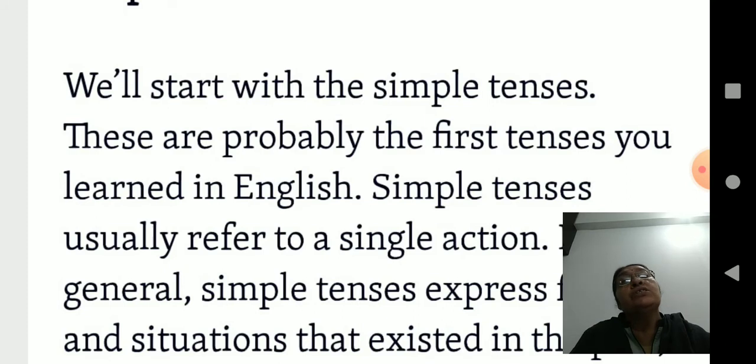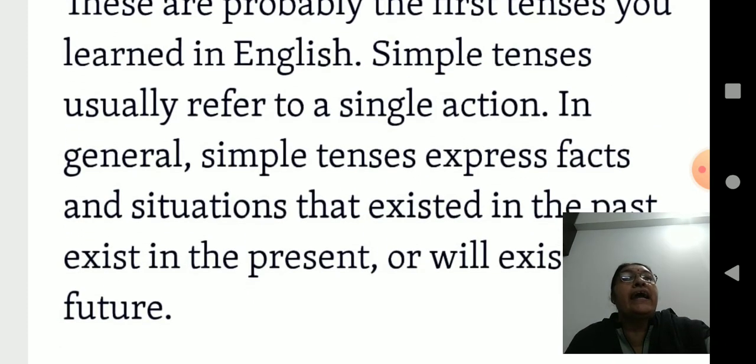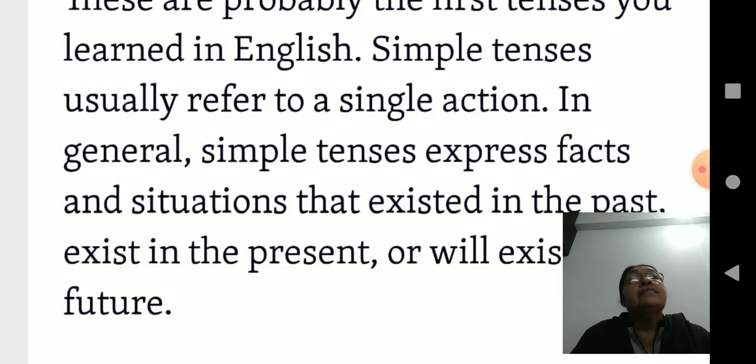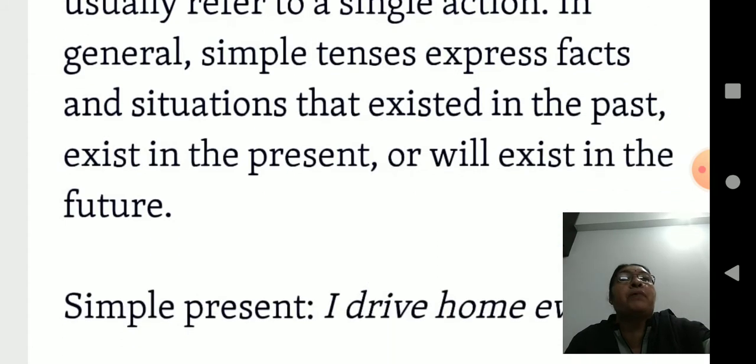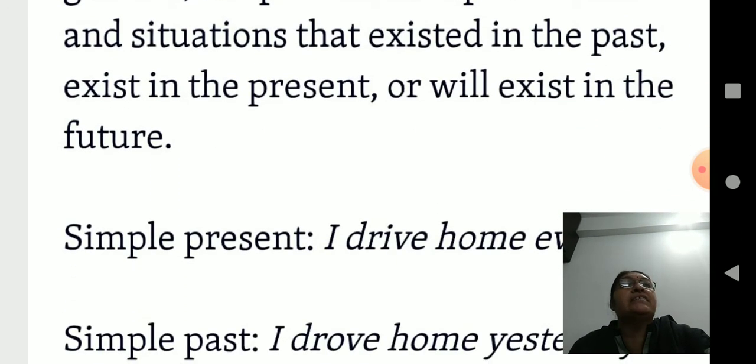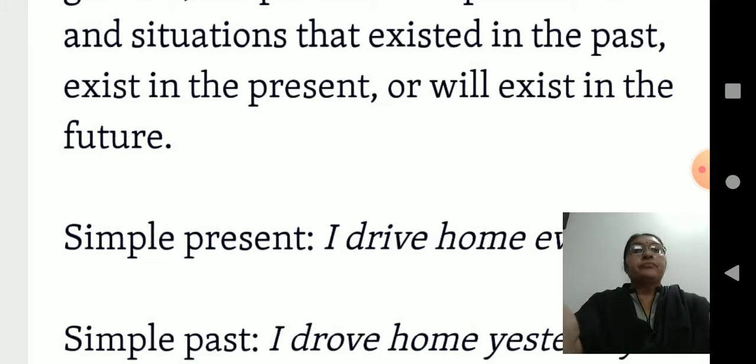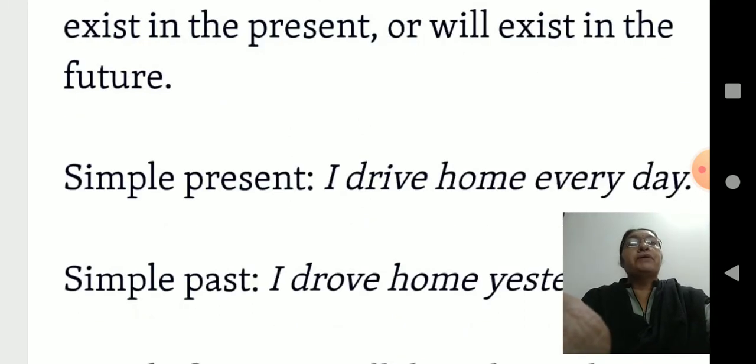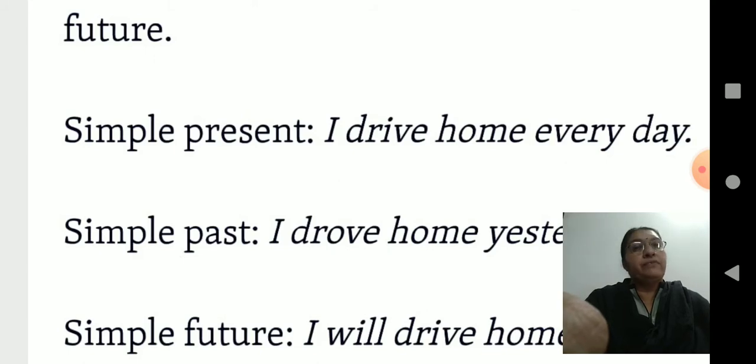Simple tenses usually refer to a single action. In general, simple tenses express facts and situations that existed in the past, exist in the present, or will exist in the future. Simple present: I drive home every day.